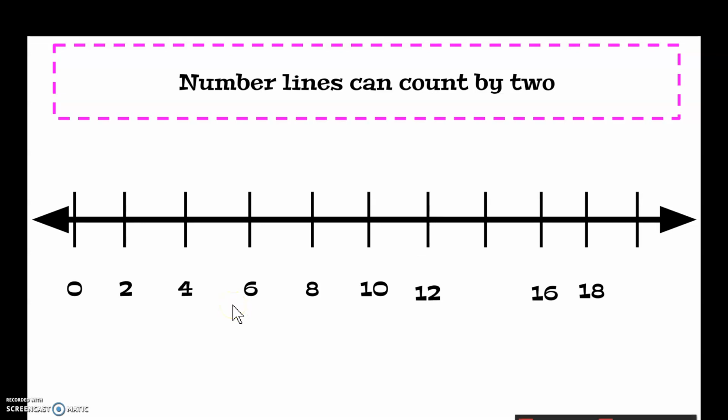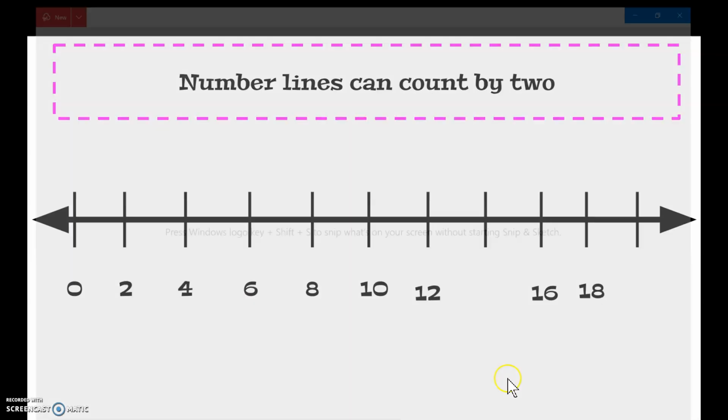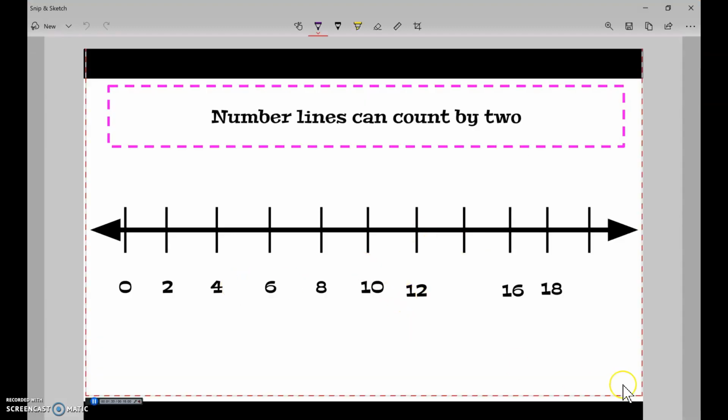In order to find out the next number, I probably needed to know something about that number line. So if I notice here, in order to go from 4 to 6, I added 2. In order to go from 6 to 8, I added 2. So I'm using the numbers I know already from the number line. Now I'm using the 12 to continue. I'm going to add 2.